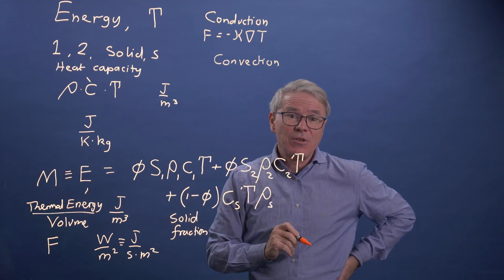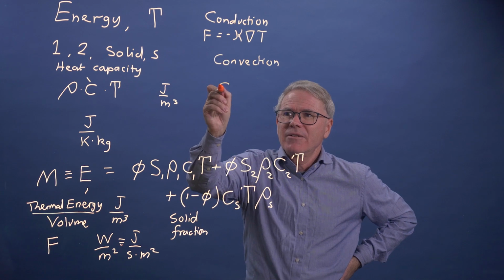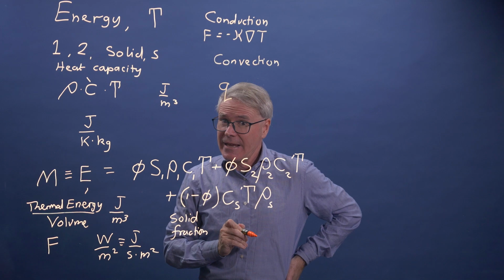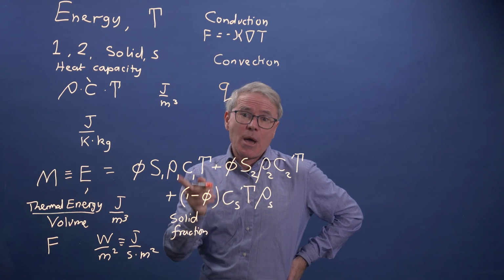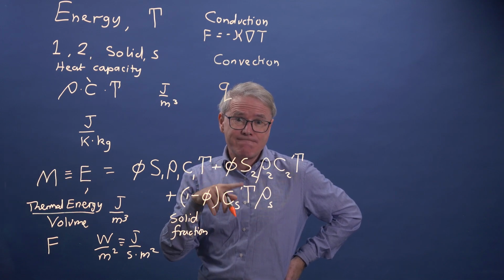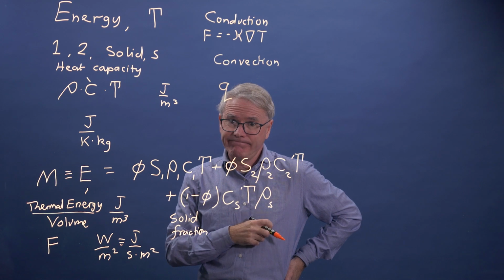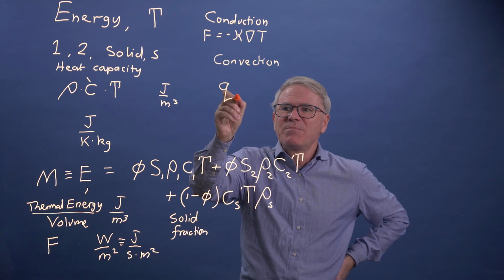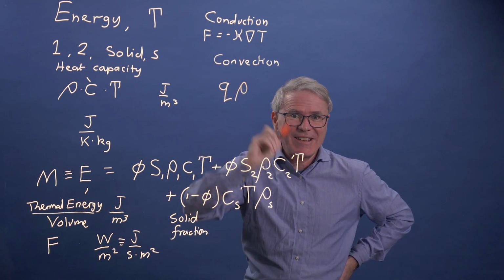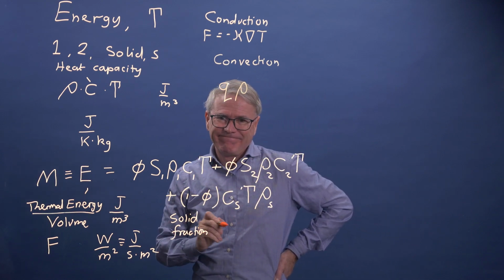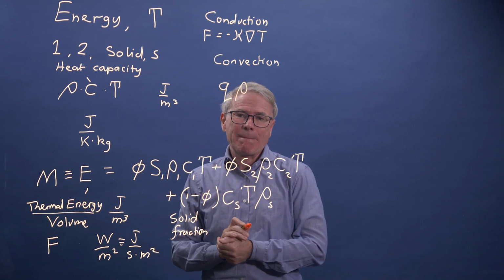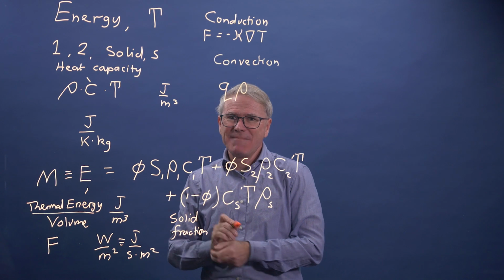Well, again, it comes from Darcy's law. If we have a flow of fluid Q, that's a volume per unit area per unit time. Now, if I multiply by density, that's a mass, okay, per unit area per unit time.